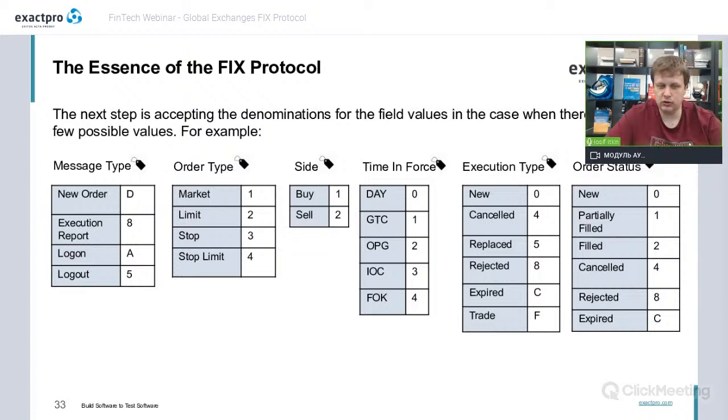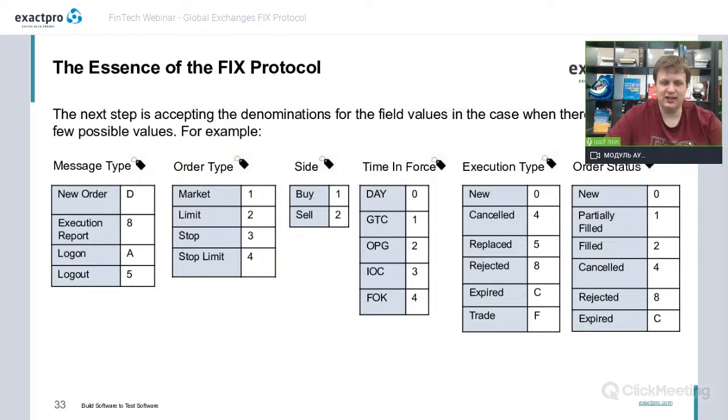The same goes for order type. So there are different types of orders: market, limit, stop limit, etc. And instead of using the full name, we can use a set of values.